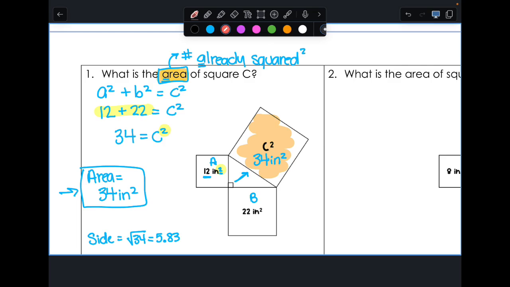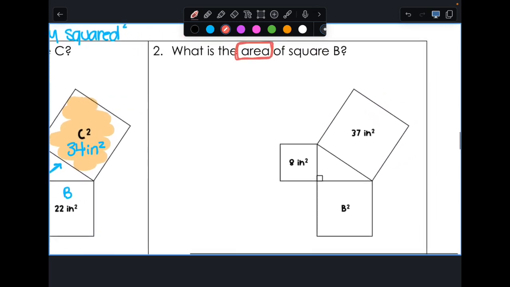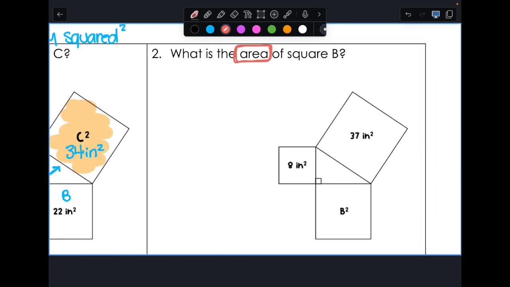All right, number 2. What are they asking us for? What is the area? This time, what is the area of square B? They labeled B. Which one is A? And C is always across from the box, always across from your right angle.